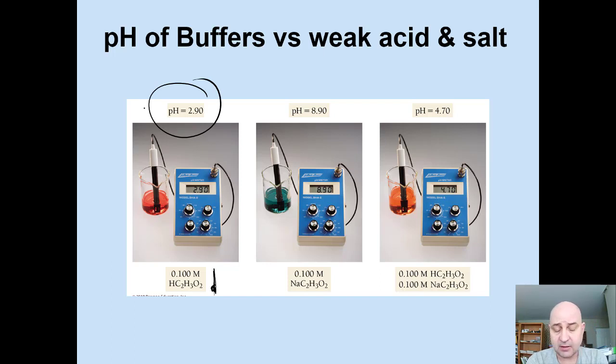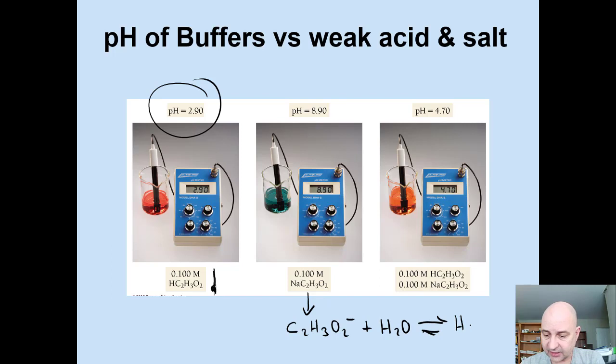If we don't have any of the weak acid and just use the conjugate base, we already did some ice tables where we set up this reaction. We know this in solution will break apart completely, 100%, and produce 0.100 moles per liter of the acetate ion, which will then react with water in an equilibrium reaction to form acetic acid, and it's going to produce some hydroxide.